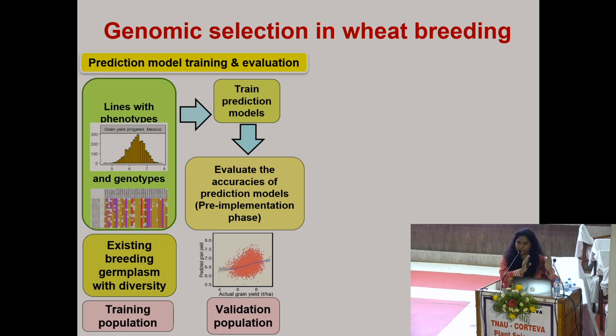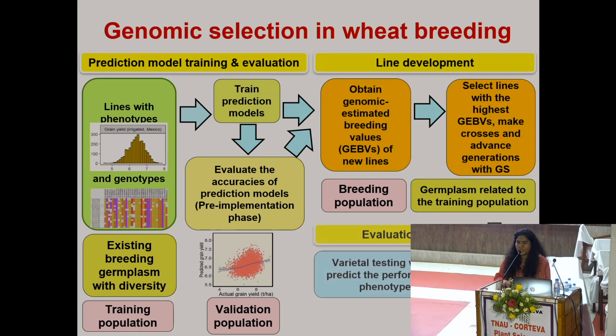So if you have 300 individuals and you predict about 100 other individuals, you calculate the accuracy: the real phenotype versus the predicted value. The correlation between the two values gives the genomic prediction accuracy. Then with the GEBVs, you can select the lines which have the highest genomic estimated breeding values, make crosses and advance generations, and then evaluate and commercialize them.